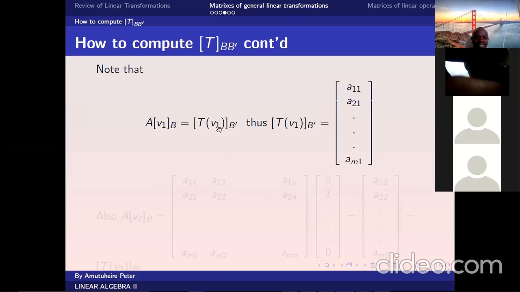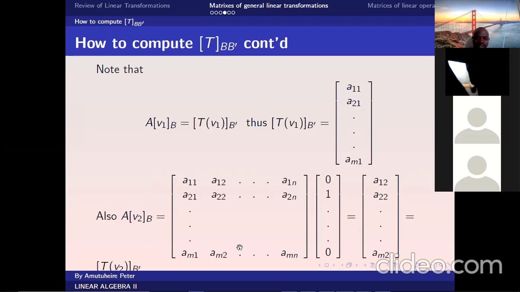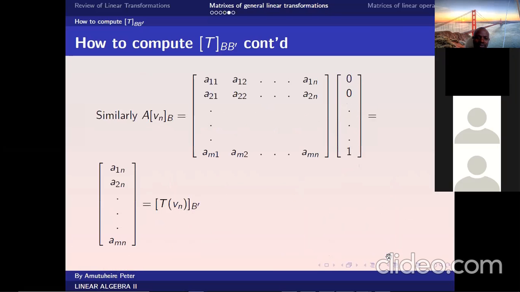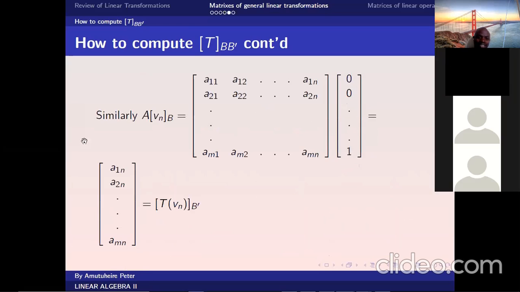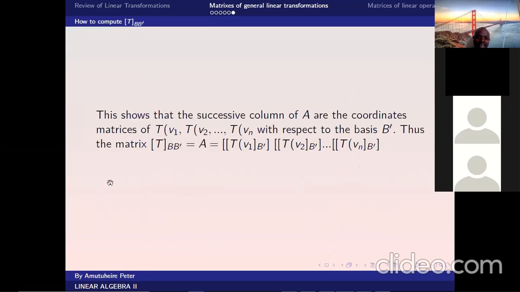AV1, remember, takes us here, so it means that TV1 is that, and also when we apply AV2, it gives us an m-dimensional vector also, so that one gives us TV2. Likewise, AVn takes us here, and finally, this shows that the successive columns of A are coordinates of matrices of this form.